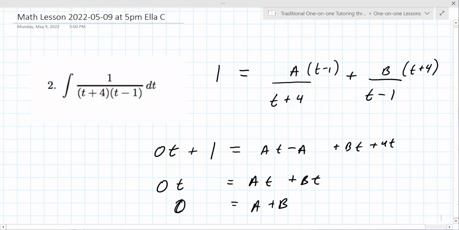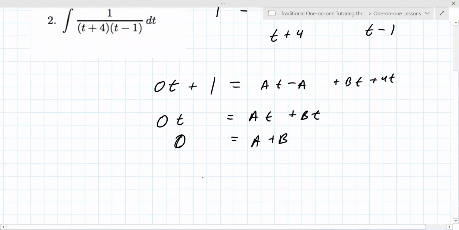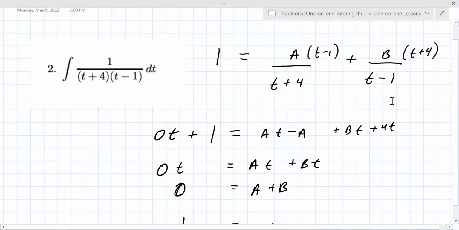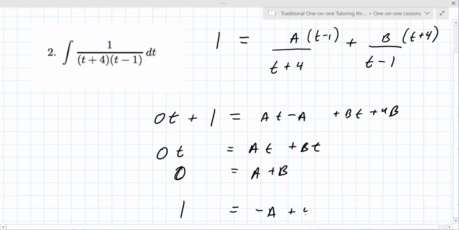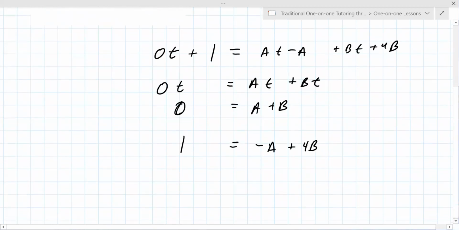But then you have to do the same thing with the constant. You set 1 equal to the non-t term, so minus A. This is 4B, that's a mistake there. So it's minus A plus 4B, and then you have this system of equations to solve.